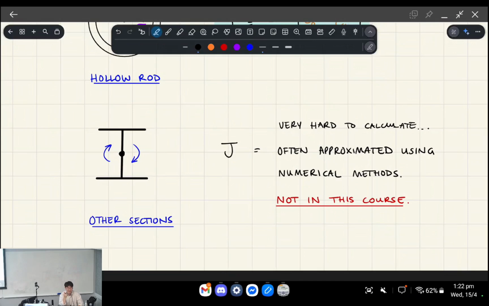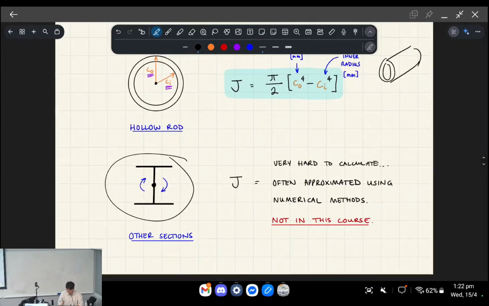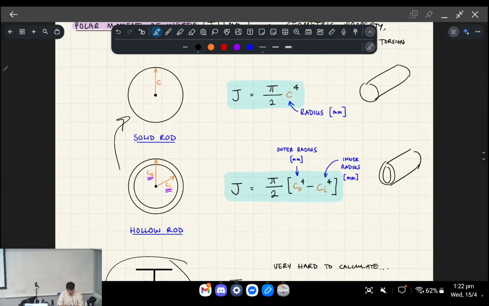There are formulas which get you pretty close to the real number for the polar moment of inertia for an I-beam, which will be in steel structures next year. But it's not going to be covered in this course. So this will be in the standards for steel, etc. But you're not going to deal with any other shapes other than these 2, okay?